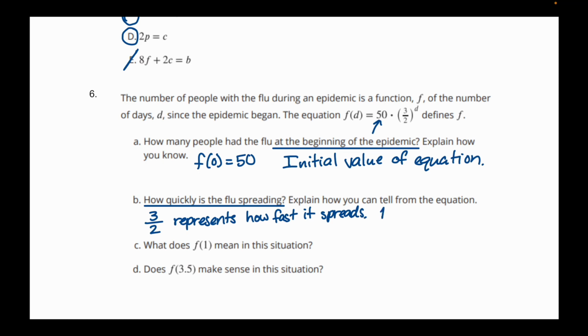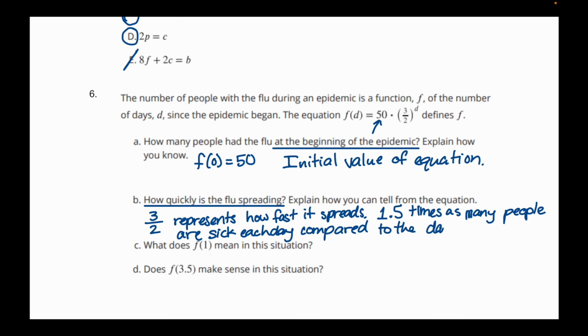So that means 1.5, because 3 over 2 is 1.5, times as many people are sick each day compared to the day before. And we know this because this is the growth factor. That's why I wanted to say it was growing.